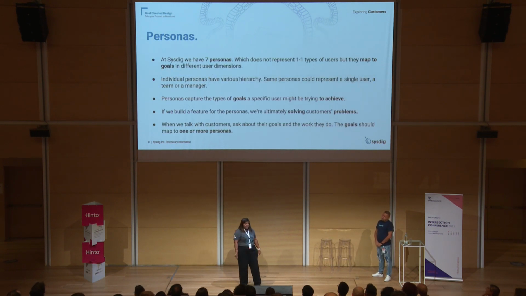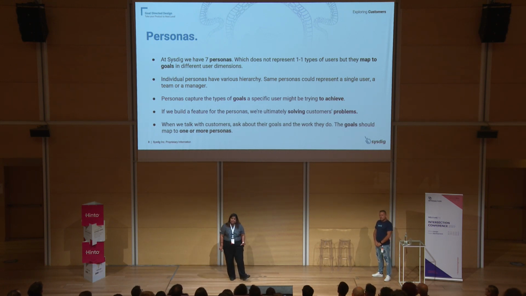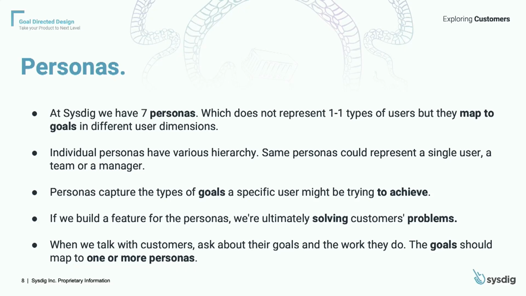Yes, it's those boring personas that you all may know. But at Sysdig, these personas are not so boring as you think, because we have 7 personas, which do not represent one-to-one users. More or less, they are user goals each user wants to achieve.